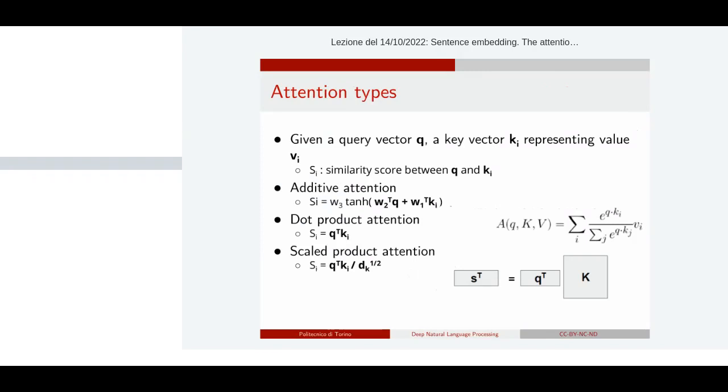So the softmax is not included, okay? The softmax is standard. You decide which attention weight function to use, and then you apply the softmax on top of the attention weighting scores. So the three main attention functions are additive, dot product, or scaled, which is actually a variant, a normalized version of the product.